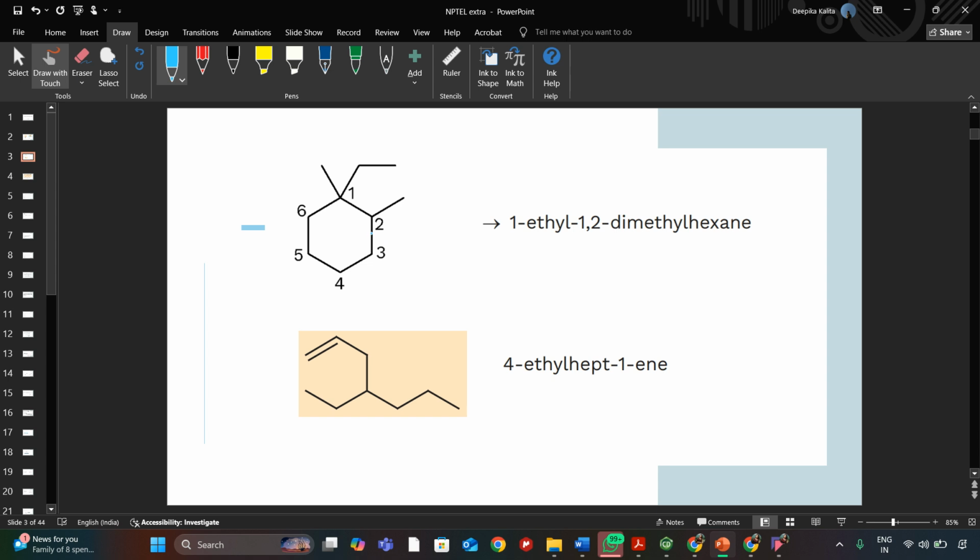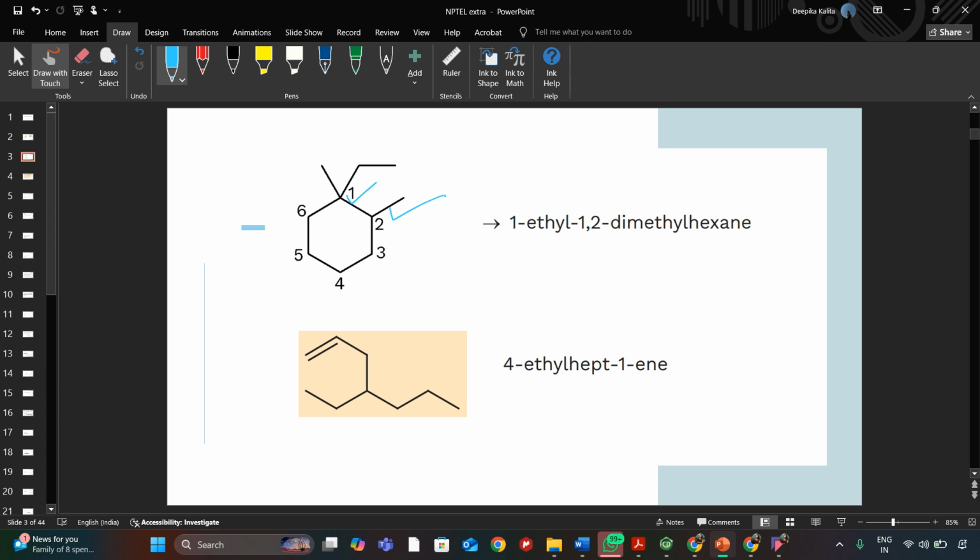Now here we have to choose the substituent numbers in such a way that they will have the lowest possible numbers. In that way, we will prefer to choose this position as the carbon number 1 so that two substituents will contain 1, 1, and this methyl substituent we will number as 2, so that the numbers will be 1, 1 and 2.